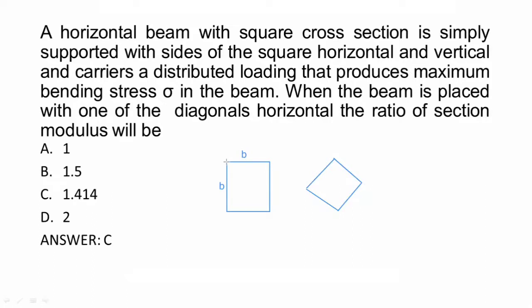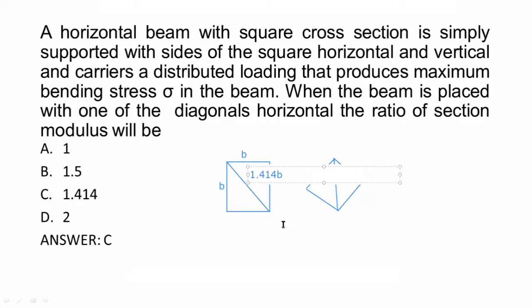How to find this diagonal? It is placed here vertical. So this inclined diagonal and this vertical line are of the same length. Its length will be 1.414 times b. Okay, how?